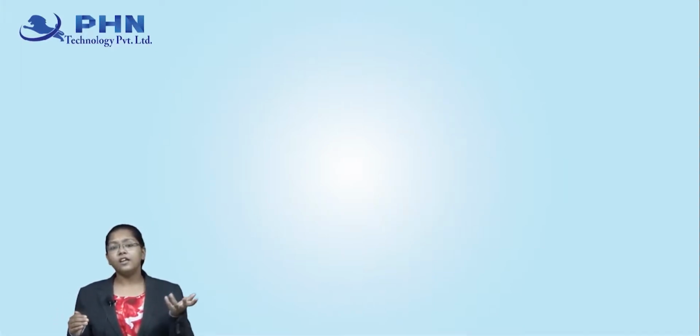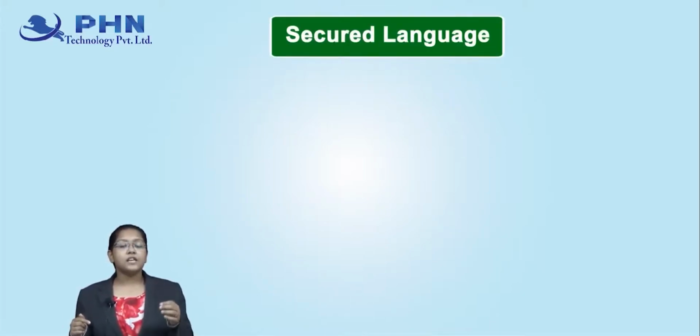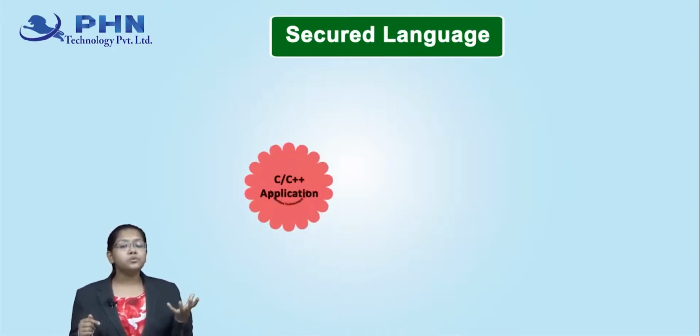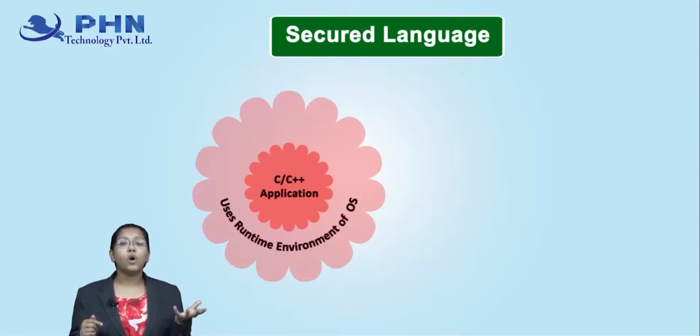The second feature of Java is that it is a secure language. Why is it secure? In C and C++, the moment we compiled a program, it used the runtime environment of the operating system itself. Let's say we were working on Windows, then it used the runtime environment of Windows. If we were working with Ubuntu, then it used the Ubuntu runtime environment, and so on.